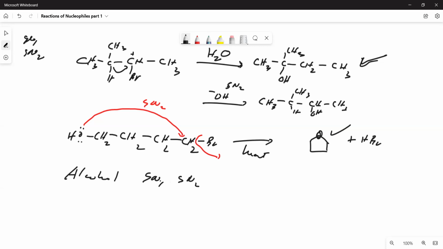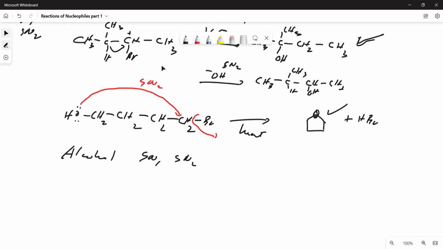Now there's a difference here in terms of the reactions, but first, the classification of alcohol is similar to alkyl halides. We have methyl alcohol, okay? We also have primary alcohol, because the carbon containing the OH is attached to one carbon, or you have secondary alcohol.